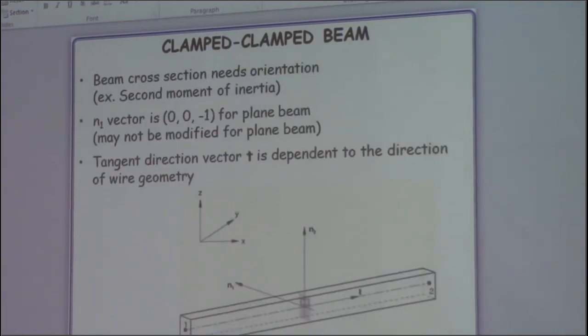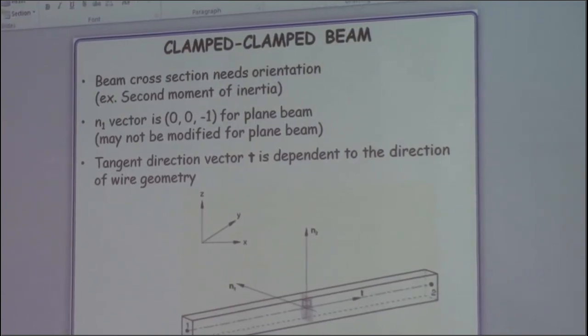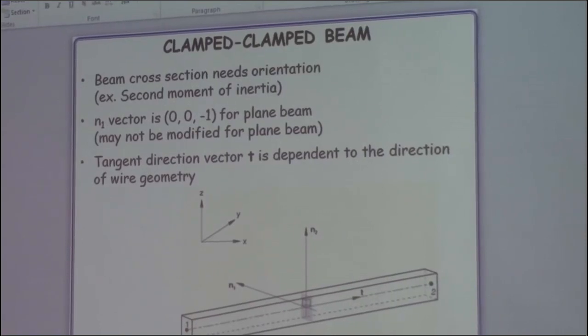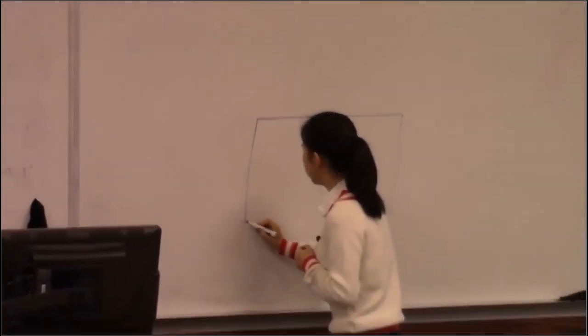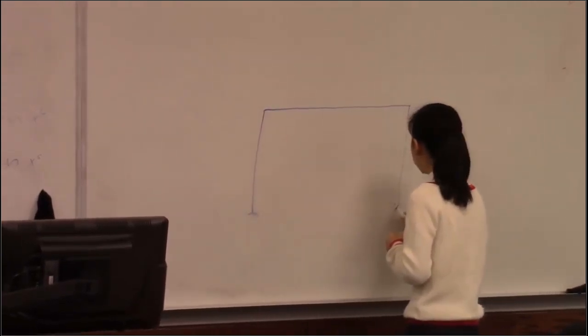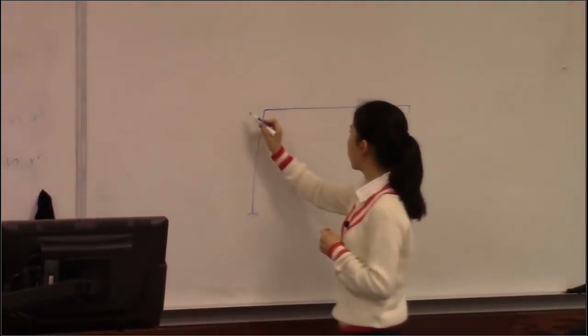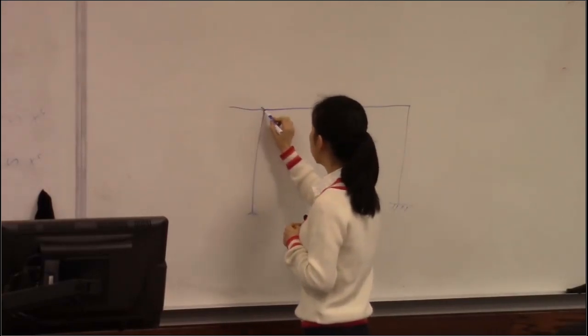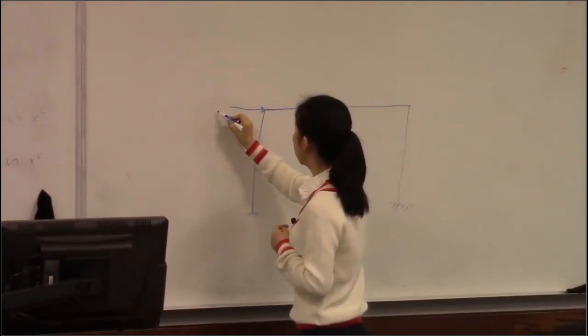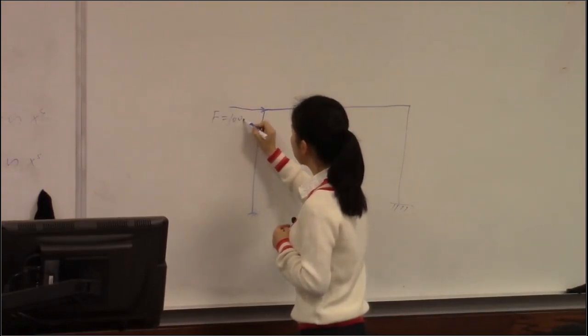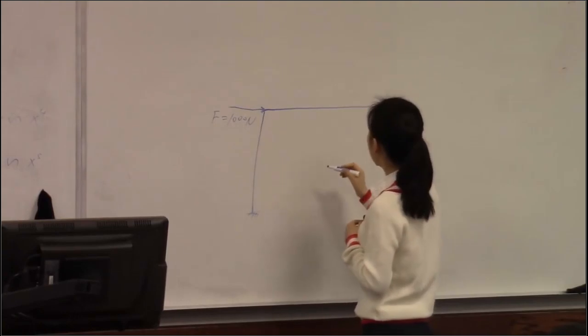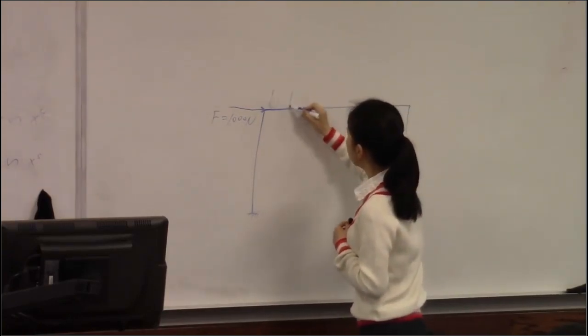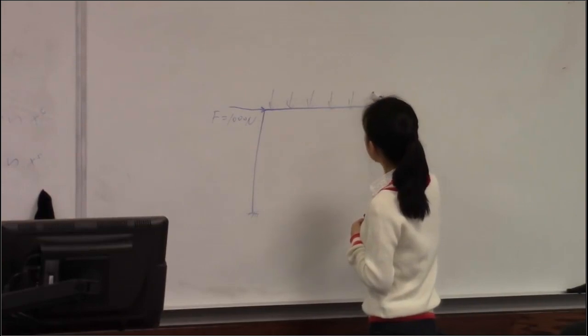But the question I will do today, I will write it here. Here is a clamped boundary condition. The boundary condition here is clamped, and I have a concentrated force in the x direction, 1000 Newton, and I have a constant pressure on the upper surface.